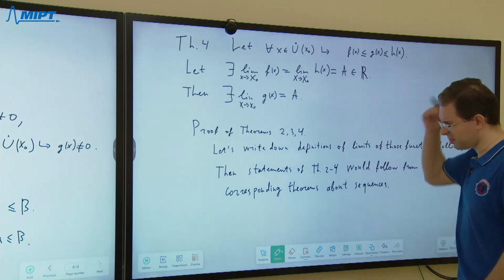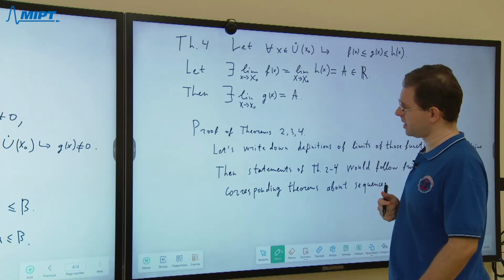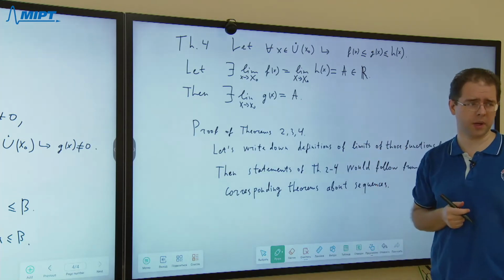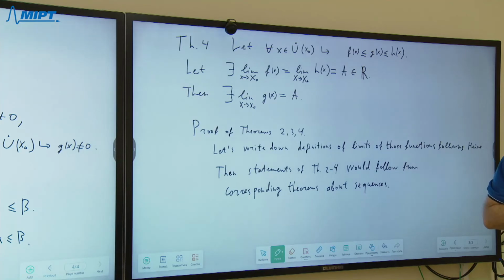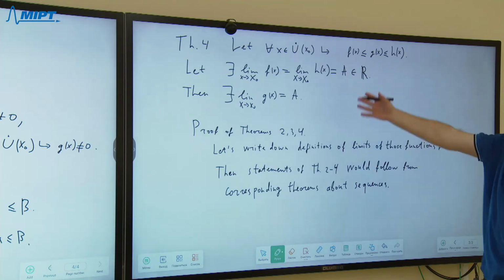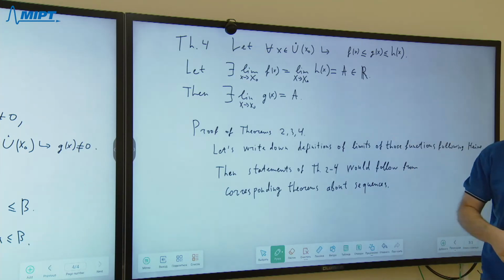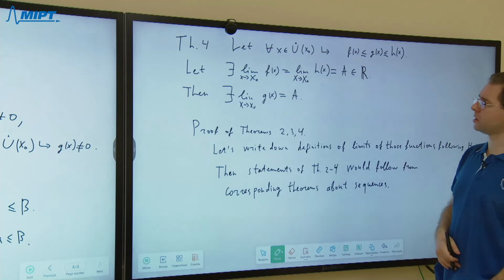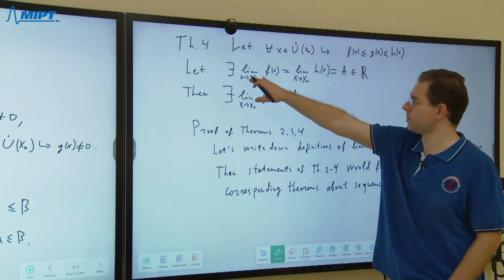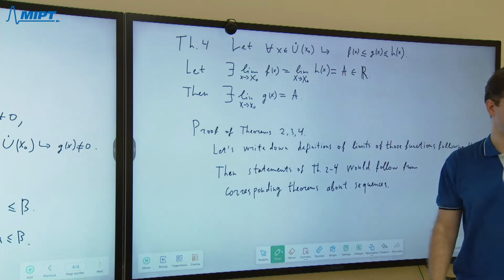This is not really a proof, this is an ideal proof, so this is the way to prove it. But I think you can see that this is obvious enough. So, for example, let's take this theorem number 4. Let's write down the definition of those limits following here.